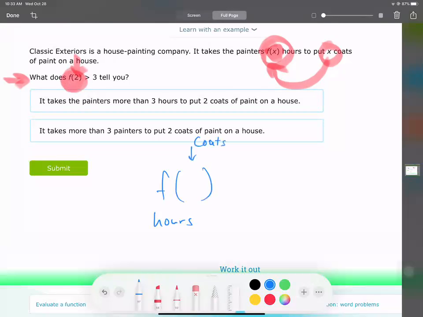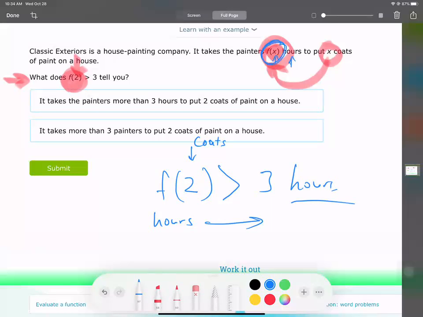It says if I put in 2 coats, it's going to take me overall more than 3 hours. How did I know that was hours and not coats? Remember, f of x is my machine, it's my output. So if I input the number of coats, it outputs the number of hours. So this is the number of hours here.